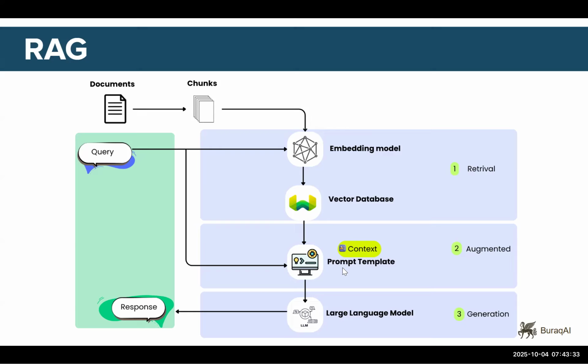I know in earlier sessions also, somebody asked what is the prompt template. So we are going to see what is the prompt template, what it has. So there's a query text, there are search results, and there are some system instructions. We send it to the large language model to look at it and then respond. Okay, so this is the same RAG model, just a different representation here.